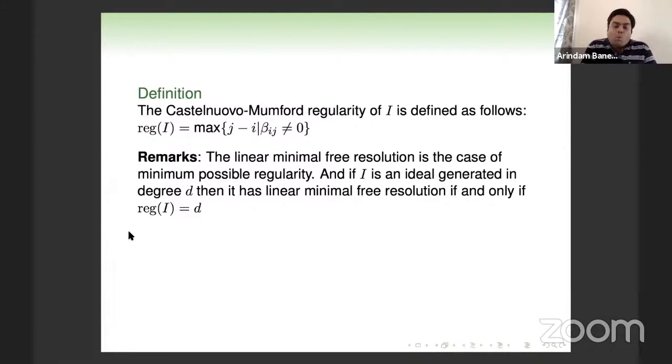This is only one of the utilities of these Betti numbers. There are other interesting applications of Betti numbers.